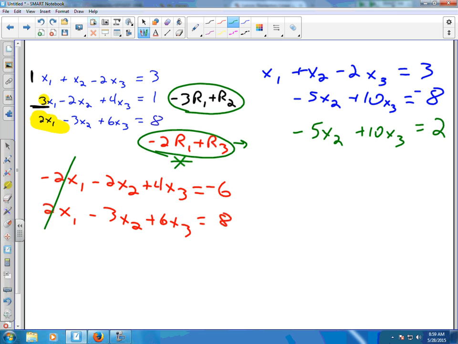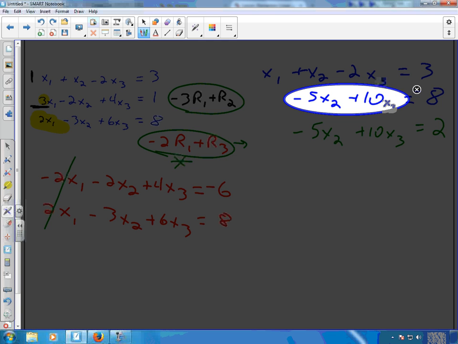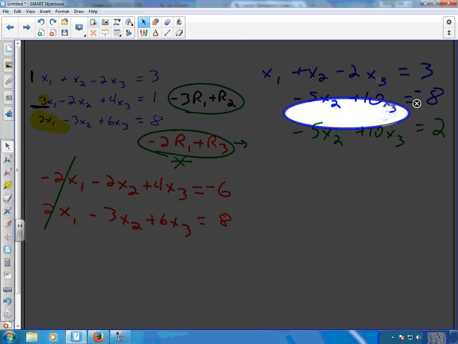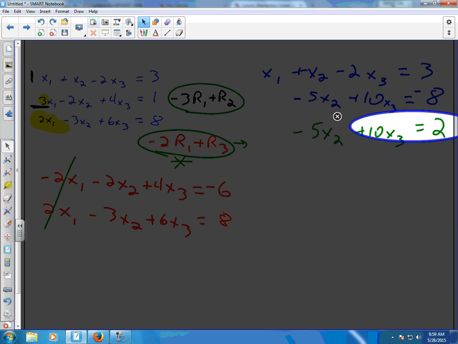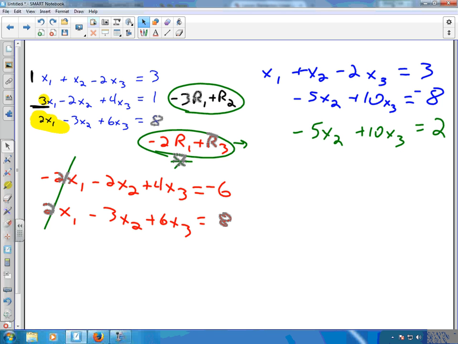Because if we think about it, is it possible for us to plug an ordered pair in and do this to it and get negative 8, then take that same ordered pair, do the same thing to it, and then get 2? No, that's not possible. So that brings up, yeah, sometimes we get no solutions.